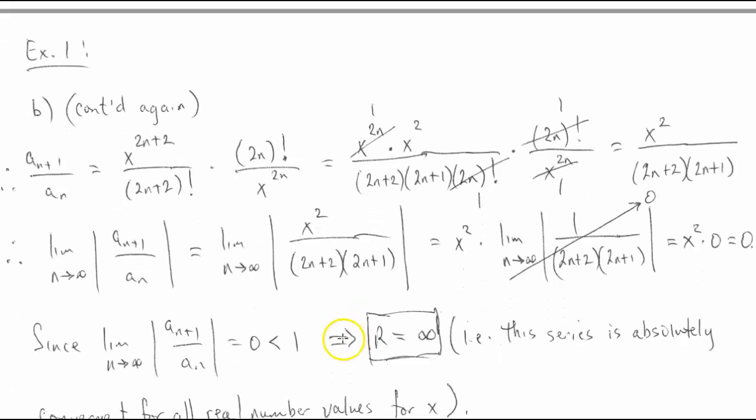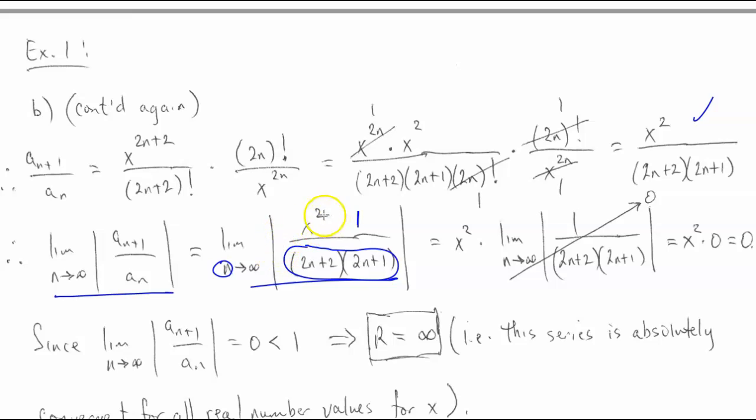So you see here that we do our ratio, and of course we're doing a lot of simplification here. We end up with this result. We take the limit as n approaches infinity of that result, and we're going to have 1 over 2n plus 2 times 2n plus 1.